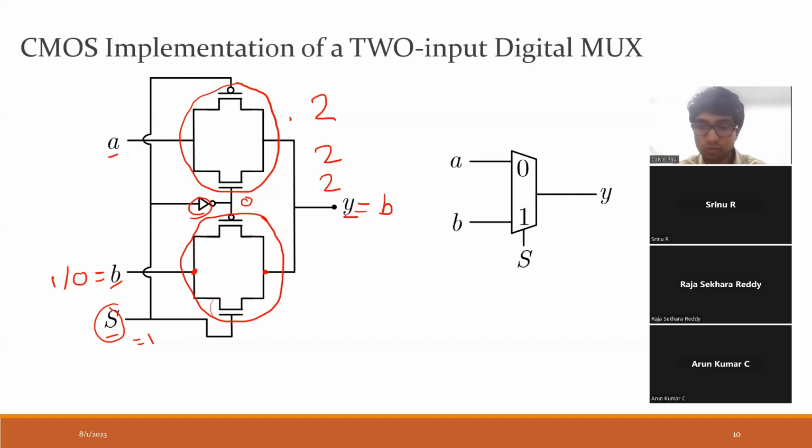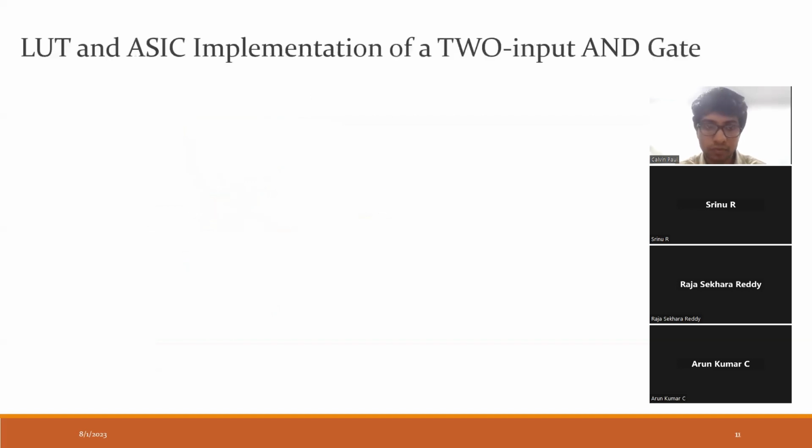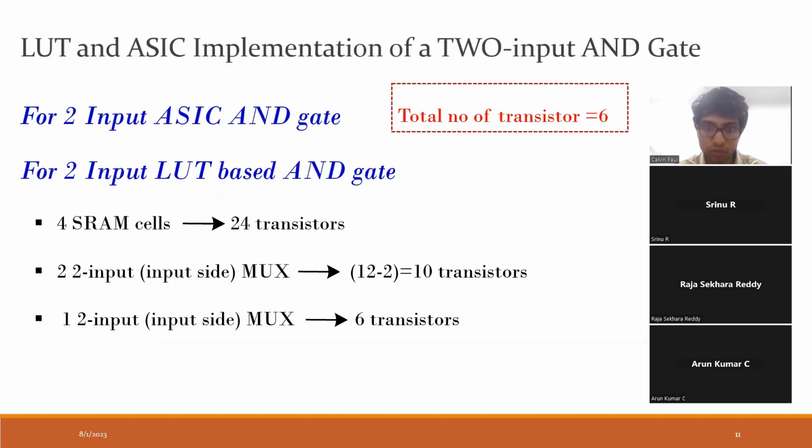Okay, so I will proceed further. We have proved that for the two input side mux, I require 12 minus 2, that is 10 transistors. And for the two input side mux, I require 6 transistors. So in total, I require 40 transistors to implement an AND gate using a lookup table. But if I use a specific set of designed hardware for CMOS transistors, then I can implement an AND gate with only 6 transistors.